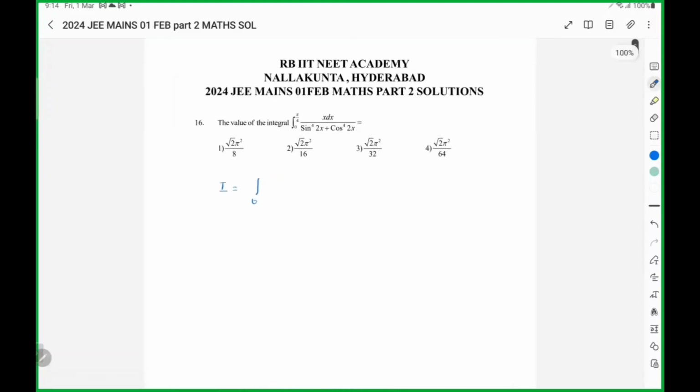Given the integral, I am assuming it as I equals the integral of sin power 4 2x plus cos power 4 2x dx.